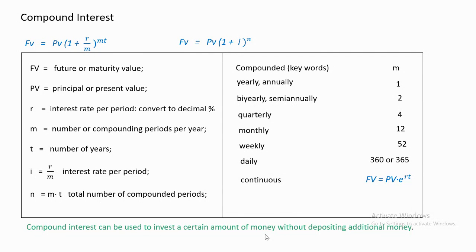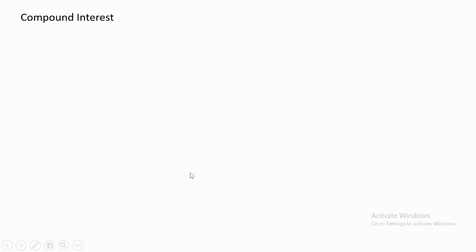You don't have to put in any extra money. Just leave it there for the amount of time you want, and then you receive money back, which is your money plus interest. So this formula is used for not putting extra money in every period. That's the money that you put in, and that's it.